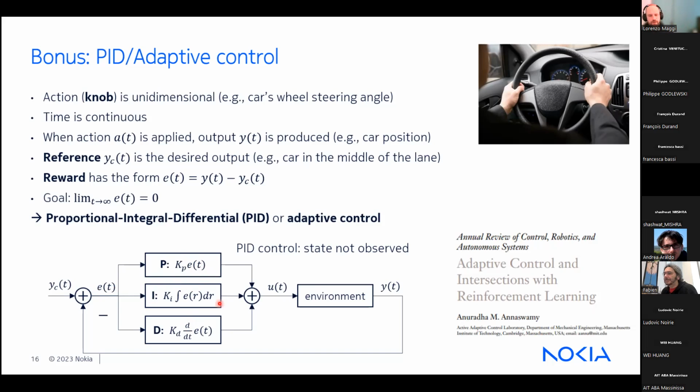The integral means that you also want to look at the past error and basically take care of it. And the derivative is somehow anticipative. So you want to anticipate what is going to happen by taking the derivative of the error. If the error is going upwards very quickly, then you may want to re-steer quickly. And this is sometimes somehow a sub case of reinforcement learning.